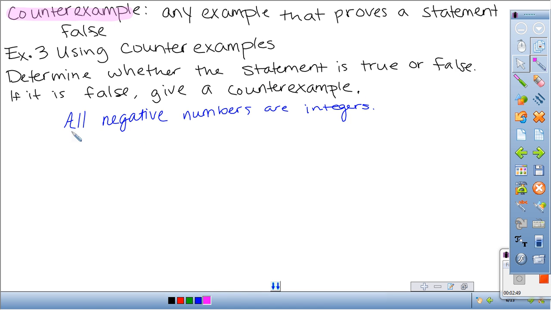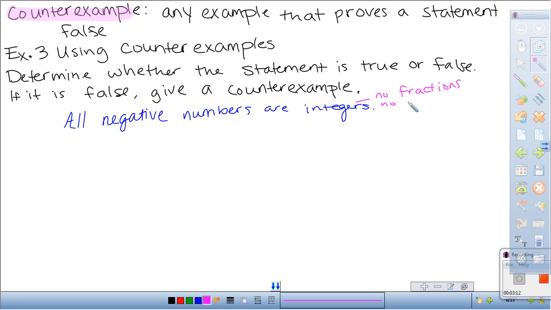So let's look at this statement. All negative numbers are integers. Is that true? Are all negative numbers integers? What's an integer? It's a negative or a positive number, but remember, integers, no fractions, no decimals. So with that restriction, I can think of a negative number that's not an integer.